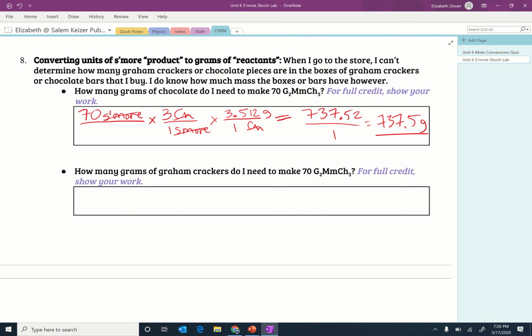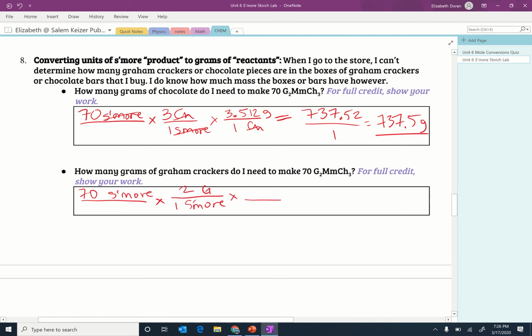Okay. So that's how much chocolate you need to make 70 s'mores, the mass of the chocolate that you need. So we're going to do something very similar for graham crackers. Again, we're trying to make 70 s'mores. So we write out our 70 s'mores, underline it, put a multiplication sign. In every 1 s'more, there's actually only 2 graham crackers. Okay.